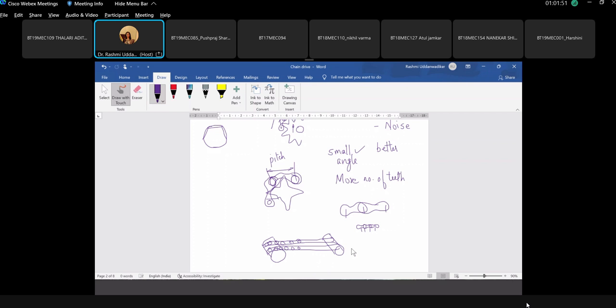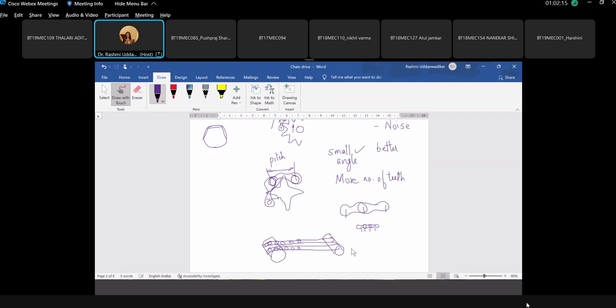Likewise, you can have a triplex layer of chain, you can have a quadruple layer of chain, and every time the number of layers of chain increases, the power transmission capacity also increases. Do you have your design data book, the PSG design data book, handy with you?